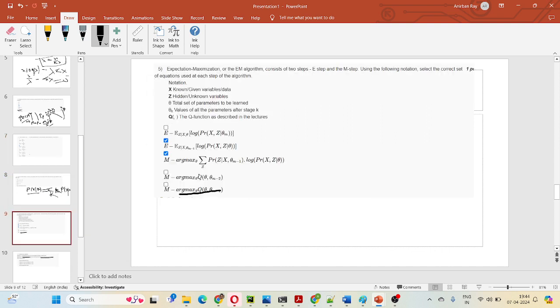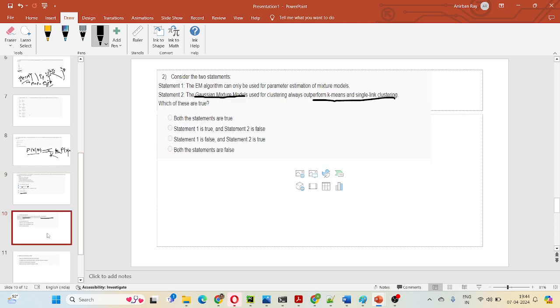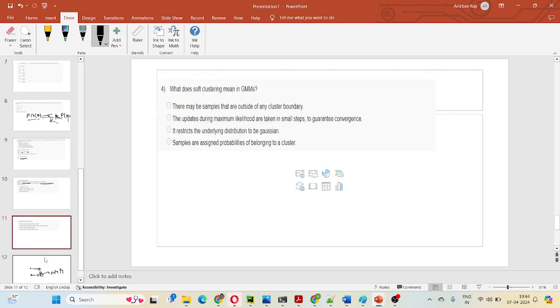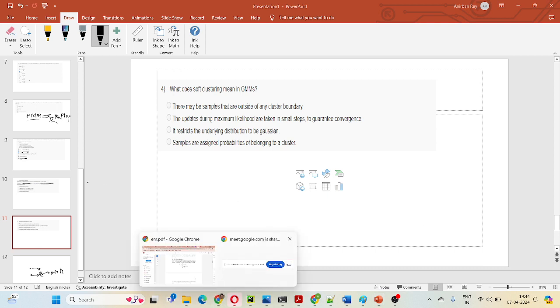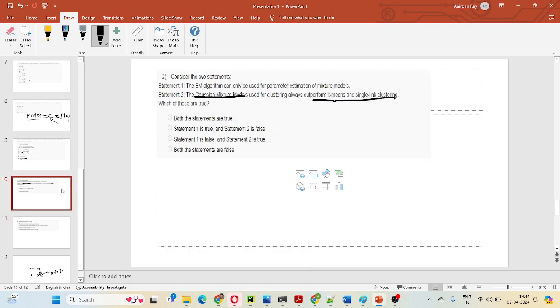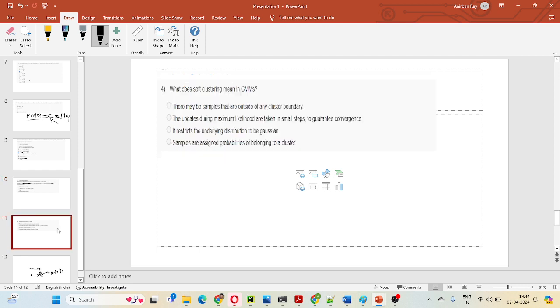So this is for the unknown parameter theta, and for known parameter theta m minus 1, maximizing the expectation. So this will be the answer.